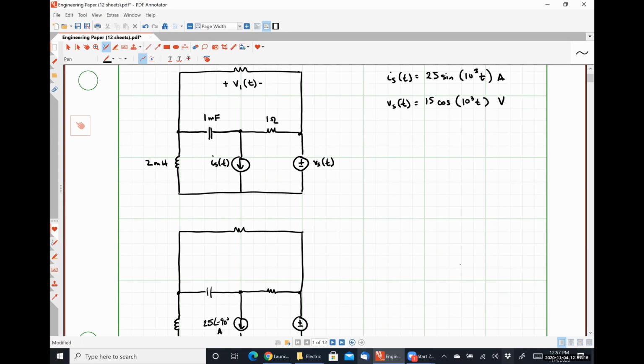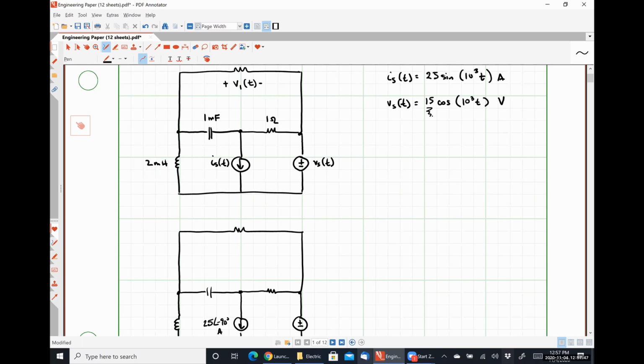Somebody else tell me what's going on with my voltage source. What's its frequency domain representation? Kendra, I'm gonna pick on you because you're in front of me. All right, so to convert from the time domain to the frequency domain, we carry, again, two pieces of information, our magnitude and our phase angle.